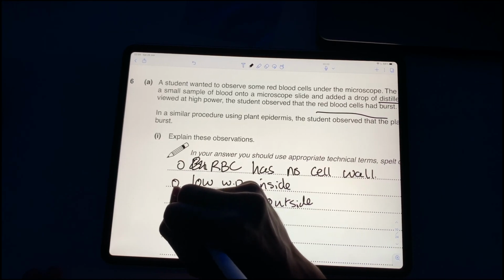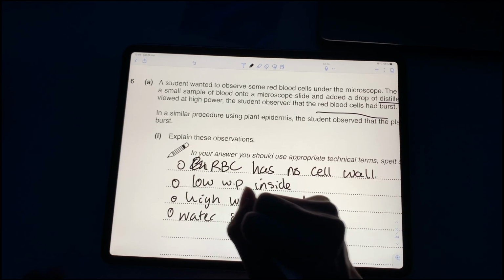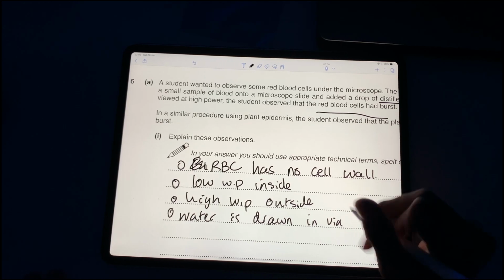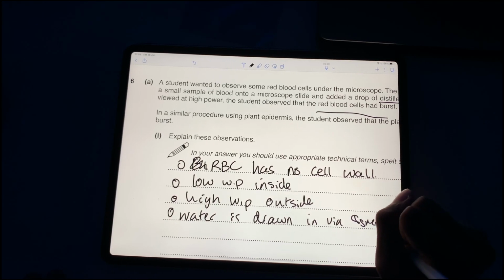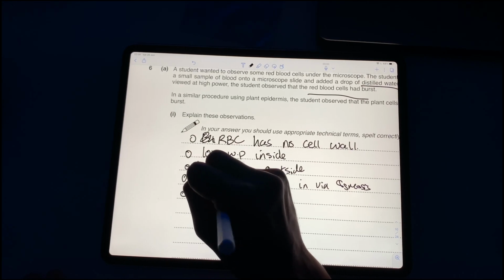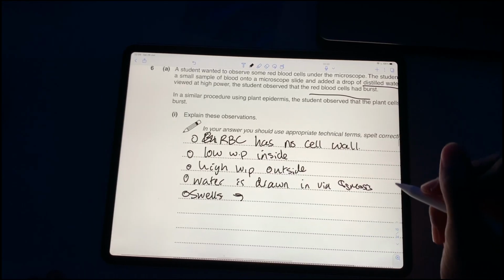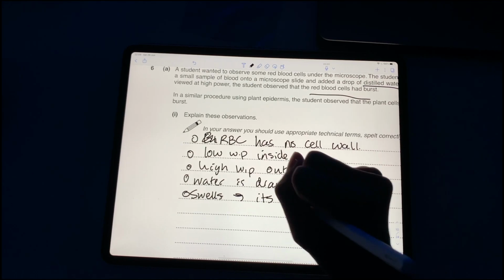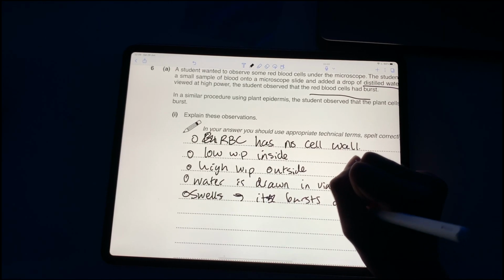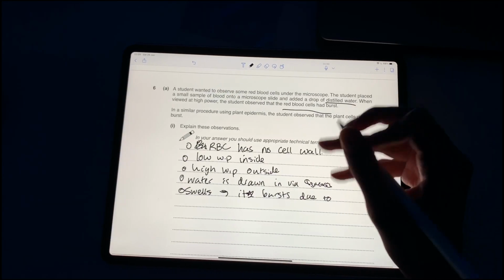Now water is drawn in via osmosis. So it basically swells, and then it bursts due to high pressure.